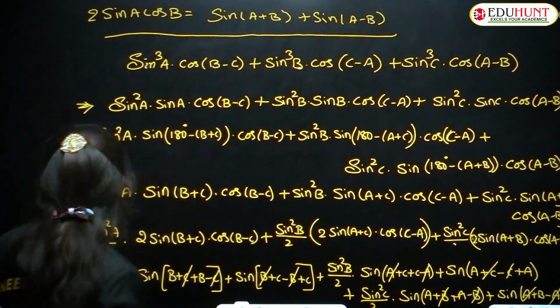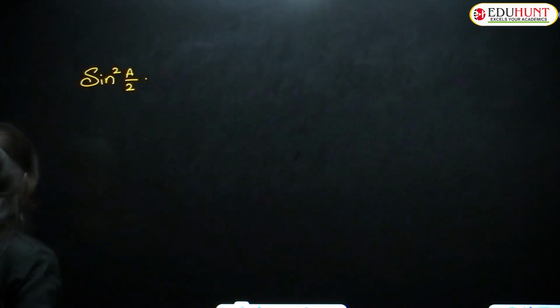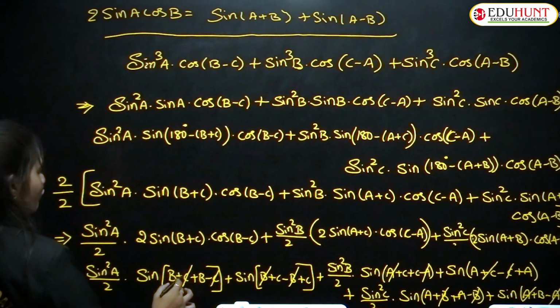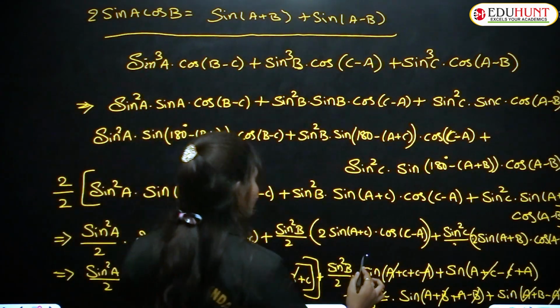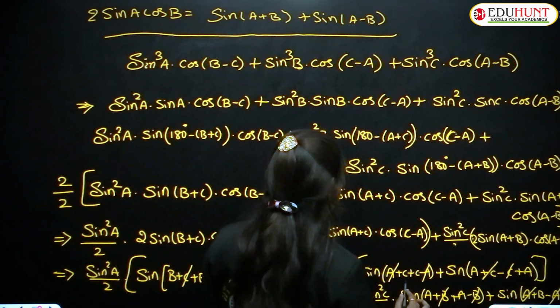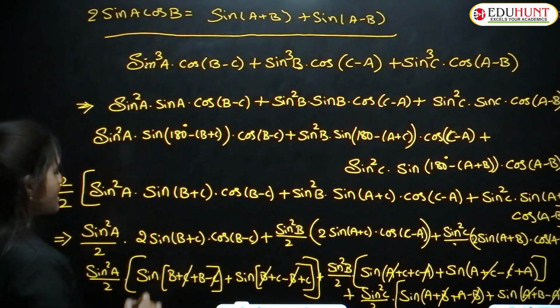Okay, now the leftovers: sin square a by 2 into, here b plus b is equal to 2b, no? So b plus b is equal to 2b.